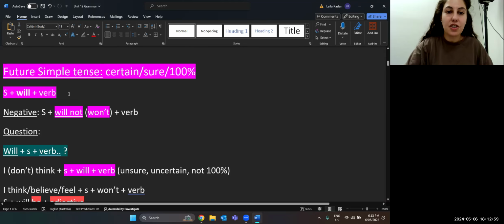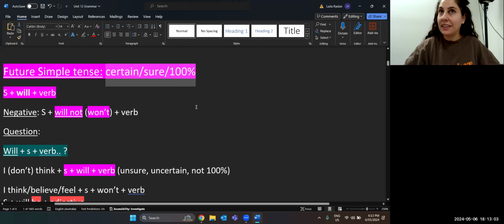When I use the future simple tense, it's because I'm letting you know that my plan is certain, it's 100%. Like tomorrow, I will work. I'm very sure about that. Not maybe, but I'm very, very sure that this action is going to happen tomorrow.